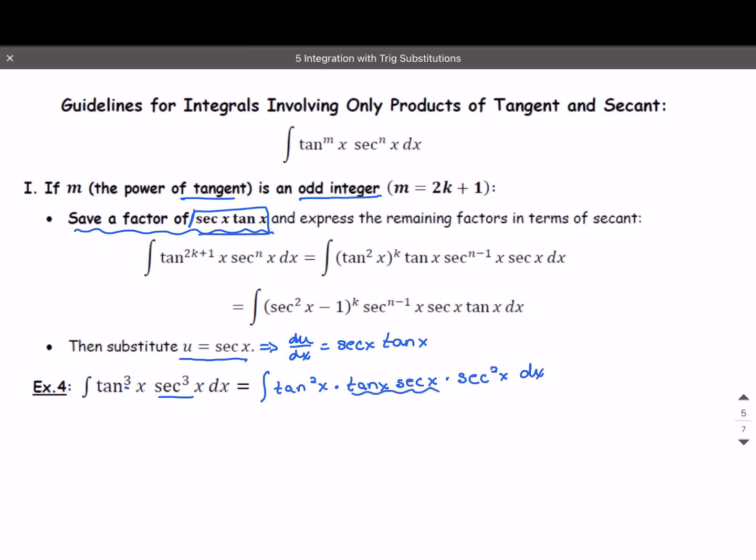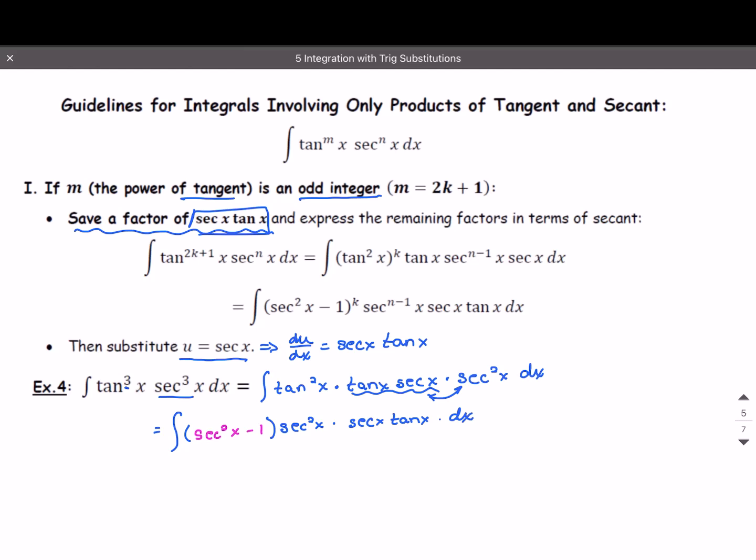Okay, now we should probably change tan squared to something in terms of secant. So that's the integral. Tan squared x is secant squared x minus 1. And I'm just going to switch the order here so that my secant squared x is over here. And then I have my secant x tan x next to my dx.